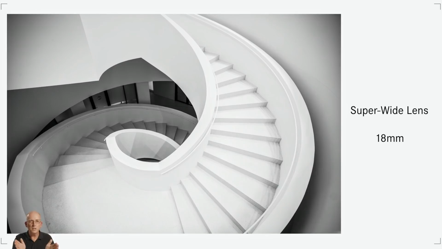Don't quote me on this. It's somewhere around 90 degrees, maybe 95 degrees of subject, and it's folded, if you like, optically into your viewfinder, so you get this extra width.